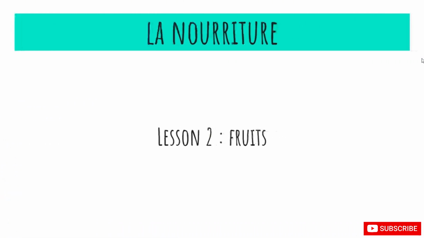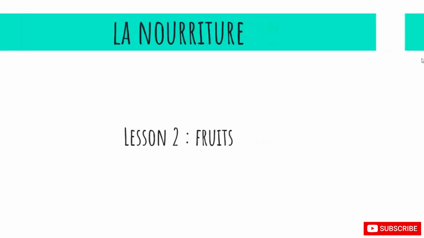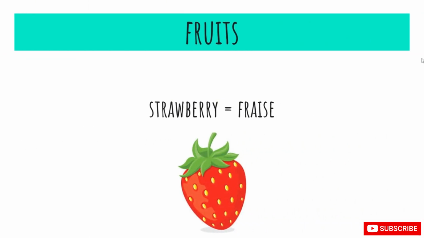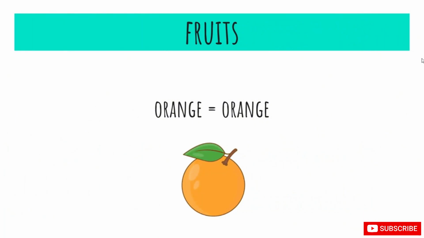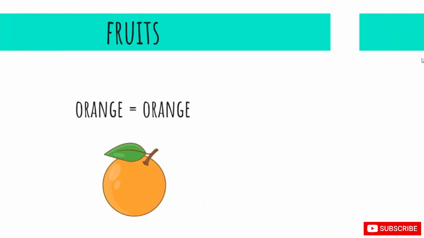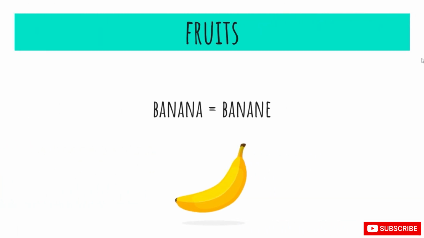We'll talk about fruits. The first one, the strawberry, is fraise. So put the accent on rolling the R. So fraise. Orange, orange. Banana, banane.